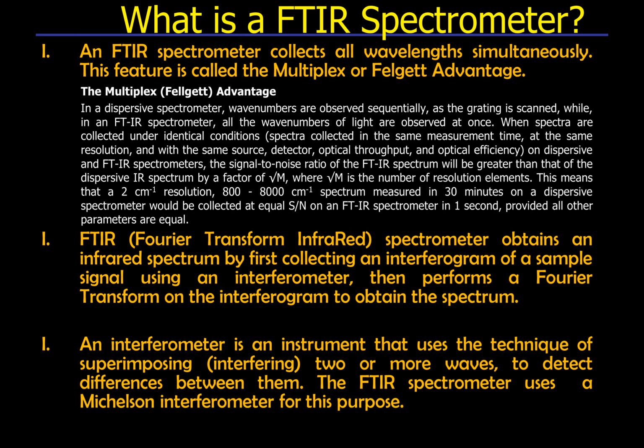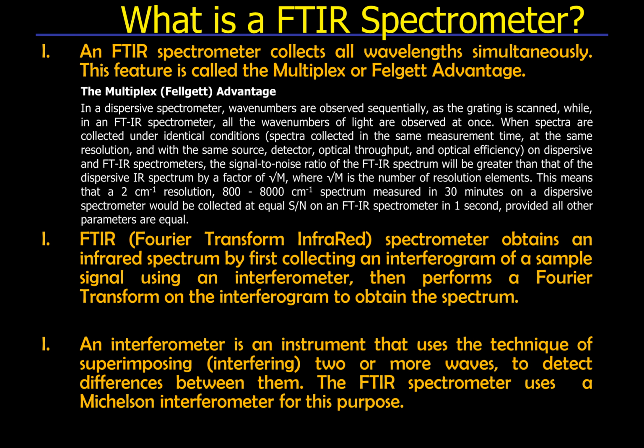A Fourier Transform infrared spectrophotometer obtains an infrared spectrum by first collecting an interferogram of a sample signal using an interferometer, then performs an algorithm or a calculation called a Fourier transform on this interferogram to obtain the spectrum.